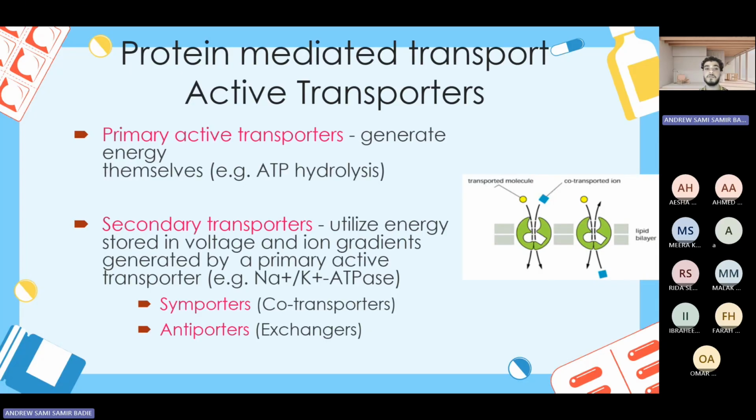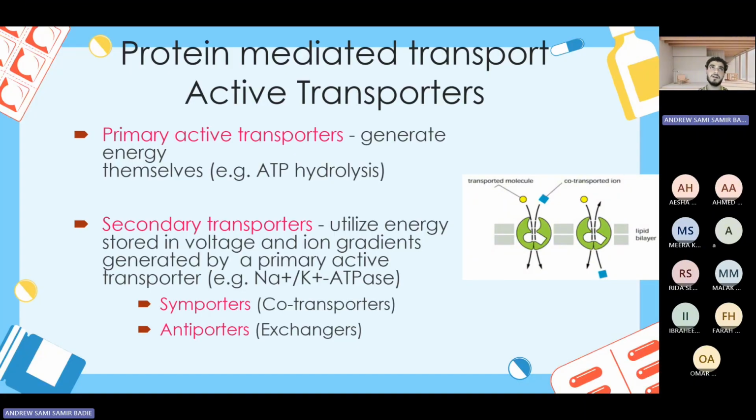So sometimes we have primary active transporters, like a transporter that uses ATP itself and makes it transport. Secondary transporters utilize energy from another transporter, so it uses the energy gradient created by another carrier protein, which uses primary active transport to create this imbalance, putting the ions, for example, outside the cell.